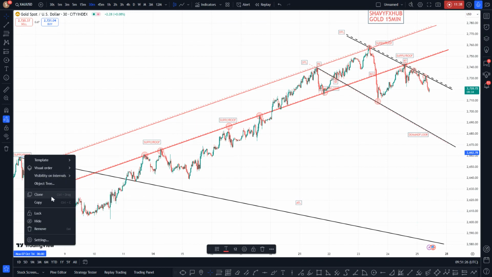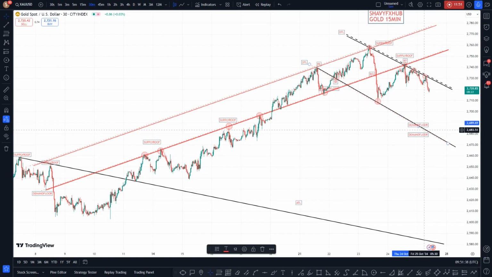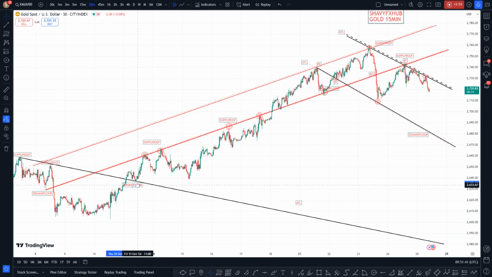This is our supply roof. And breakout of a supply roof, price returns on demand. 15 minutes, very exciting.